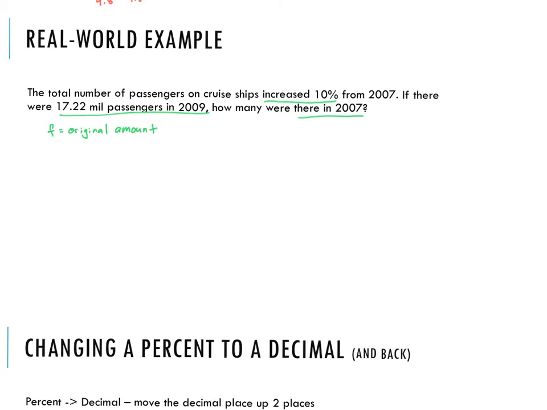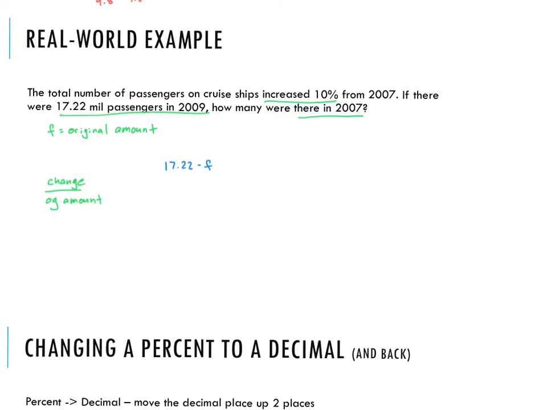Now I'm going to set up my equation. So my original equation is the change over the original amount. I don't really know what my change is, but I can create an equation for it. I'm going to change colors so you can see what I'm doing. So I know that I have 17.22, and minus my original amount would give me the change.